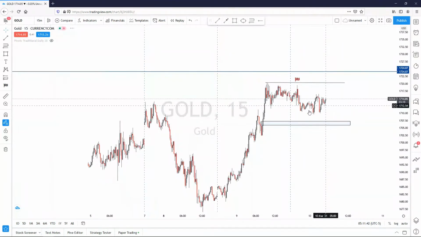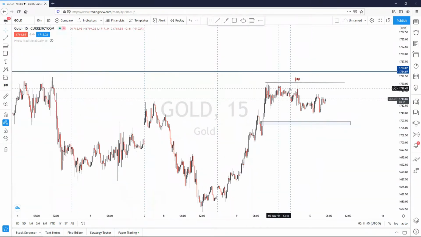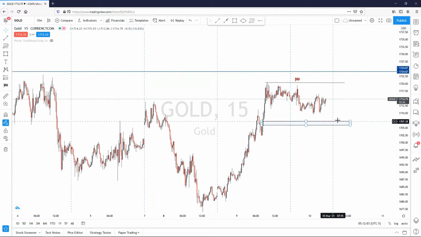We want to see price take out this area, because we have retail shorts and retail longs here. Price is going to trade lower, take it away from everybody, and trade higher. Now you're going to see a trade with very low drawdown. We're going to frame a trade with very low drawdown. At the end of this video, you're going to see that happen.